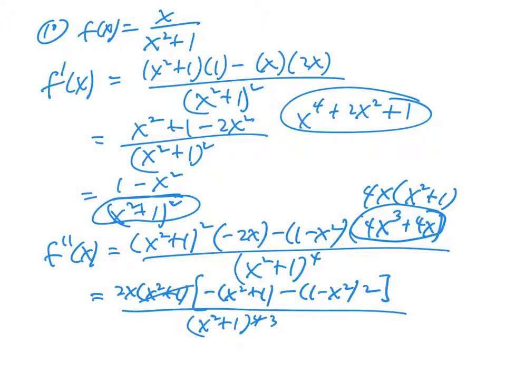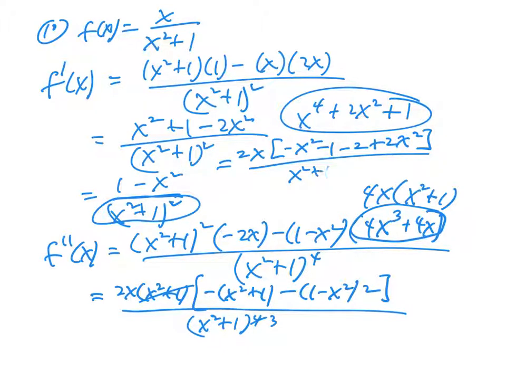We're running out of room here. We're going to have to go up here. So 2x times, if I simplify what's in the brackets, you're going to have negative x squared minus 1 minus 2 plus 2x squared, all over x squared plus 1 cubed.